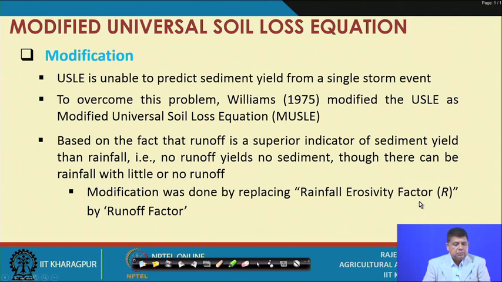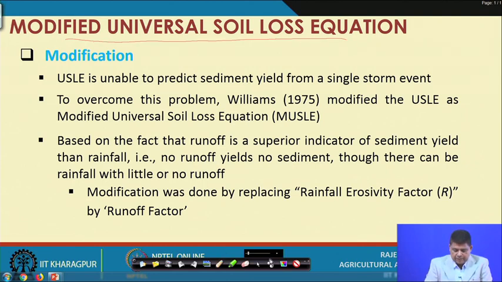Now coming to modifications, the modified form of universal soil loss equation is called the modified universal soil loss equation. Why were modifications needed?